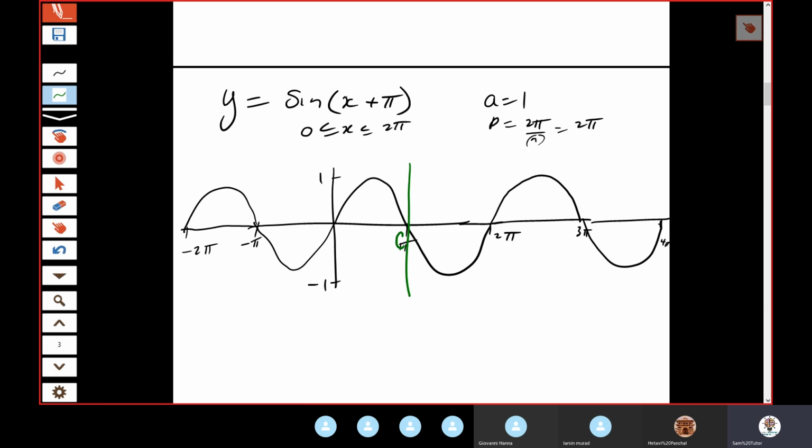So that's where my new 0 is. Then that would not be 2 pi anymore, that would now just be pi. That would not be 3 pi, that would be 2 pi, because you moved the pi degrees. So everything gets shifted, and that becomes 3 pi and so on. So the answer to this question is this.